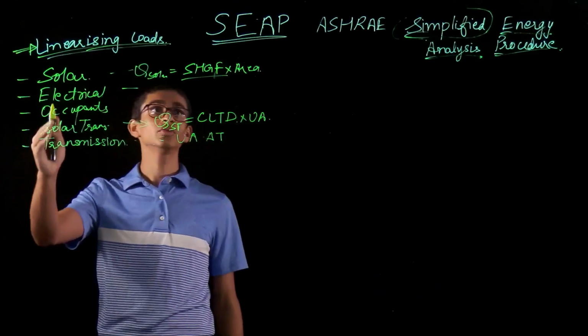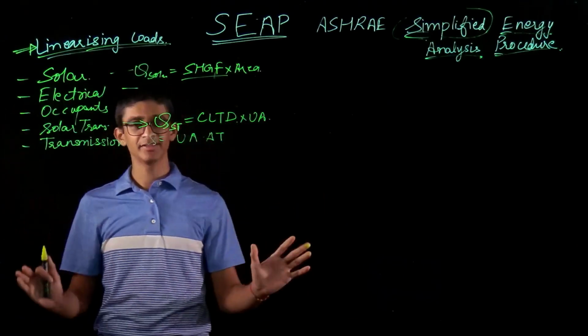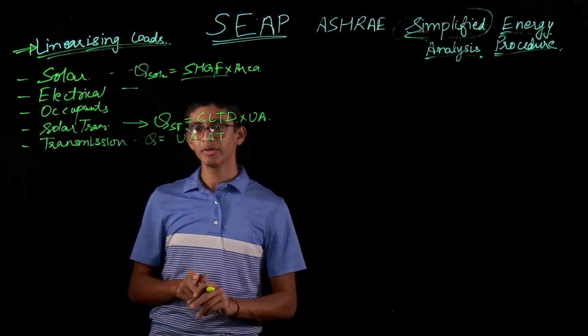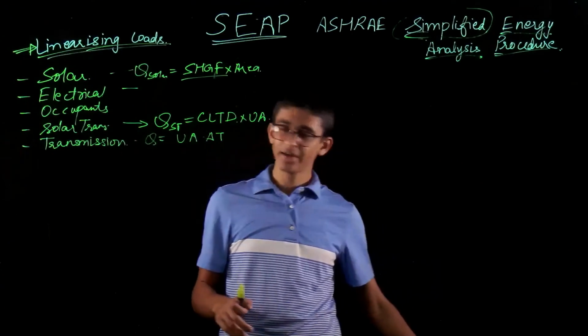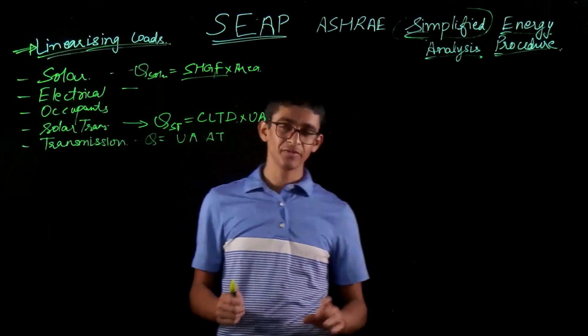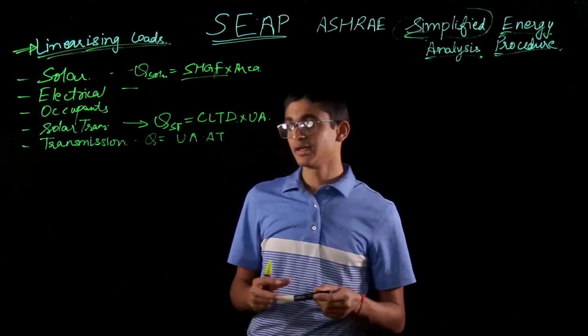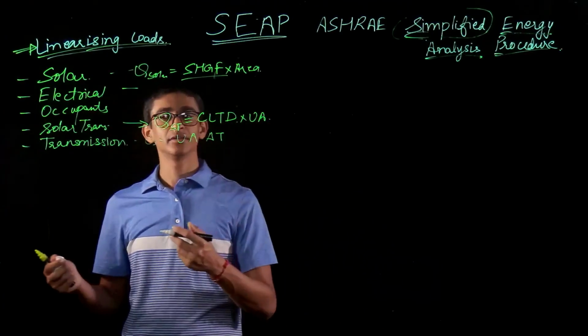But if we want to do an analysis on a building, we want to have a direct dependence on temperature somehow, so we can easily do all the analysis and estimate the temperature.